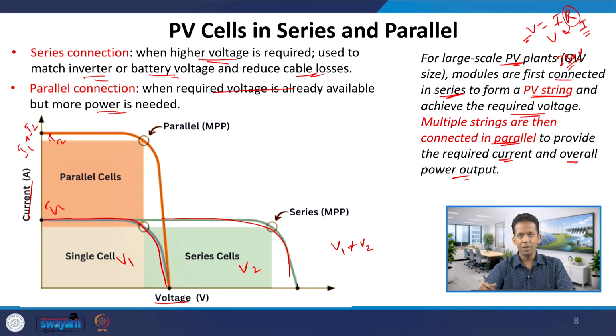The same thing which we discussed a few minutes back. So for large PV plants, the first thing is to go for a series connection, form PV strings, get the desired voltage, and once the desired voltage is obtained, you go for parallel connection to get the desired current and power.